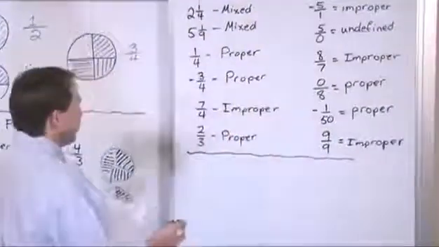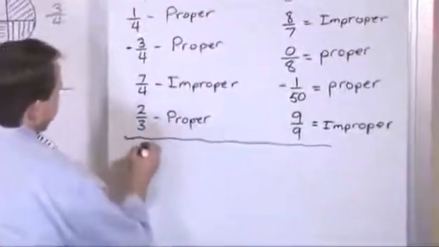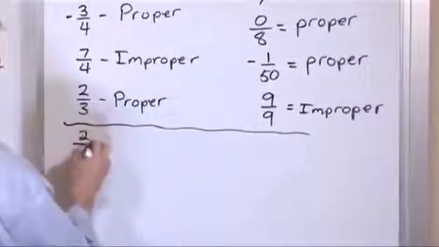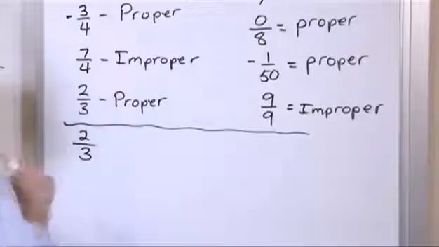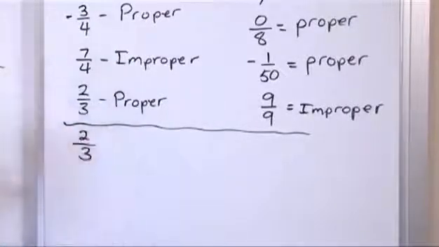So if I tell you I have 2/3 of a pizza, let's say, 2 slices out of 3 whole pieces, right?